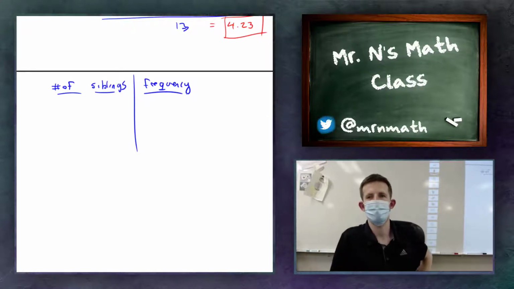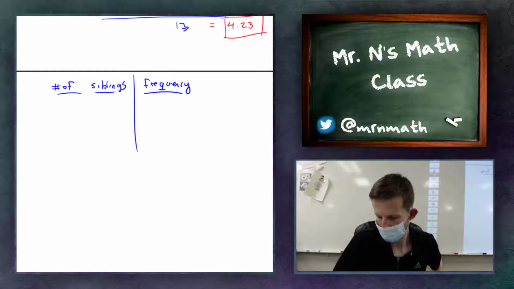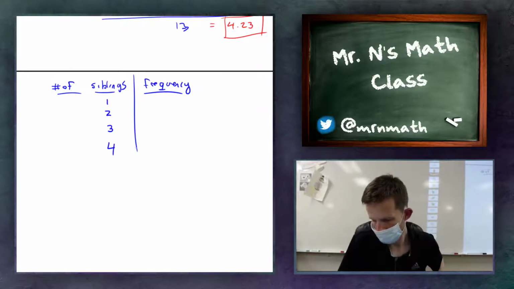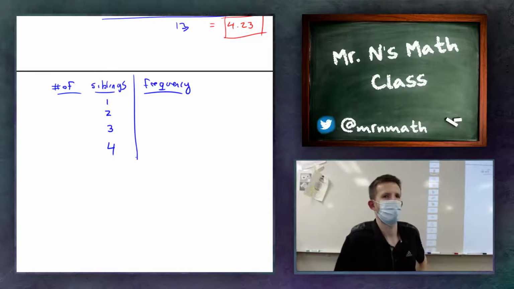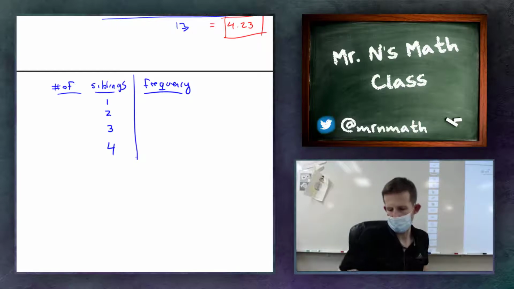Who has a lot of siblings? Does anyone have more than 3 siblings? More than 3, how many? 4, okay. Does anyone have no siblings? Okay, how many of you guys have 1 sibling? 1, 2, 3, 4, 5.